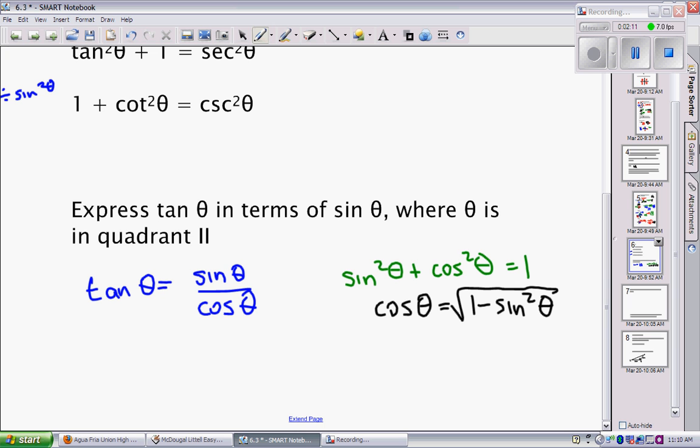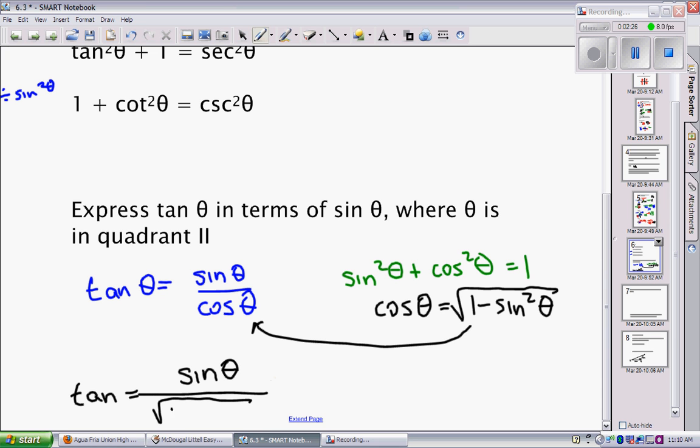So we now plug in the square root of 1 minus sine squared theta for cosine. So you get sine theta over the square root of 1 minus sine squared theta. So then we now need to look that it's in quadrant 2.